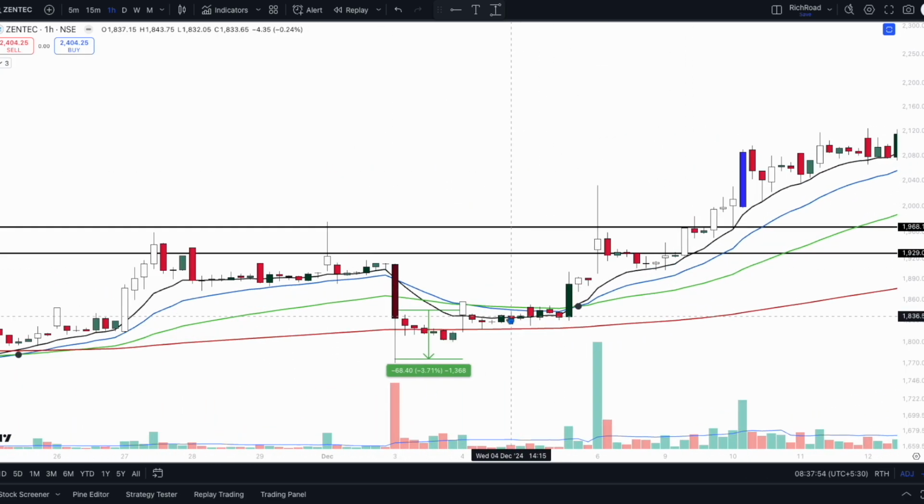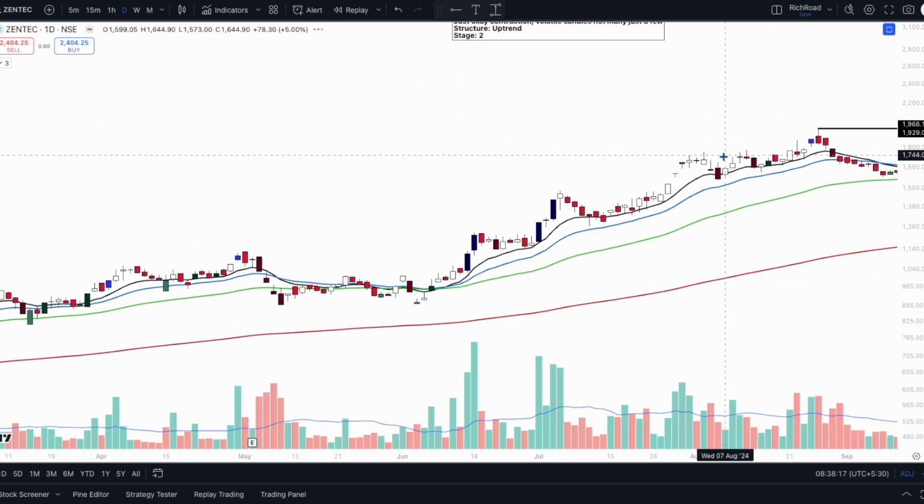I mean, what did I tell you? 20 and 50 near to each other on the hourly. And the consolidation is happening at the hourly 200, and everything is happening within this. So do you really need to be afraid of this candle, or is it telling me something else? Well, this certainly tells me something else, right?